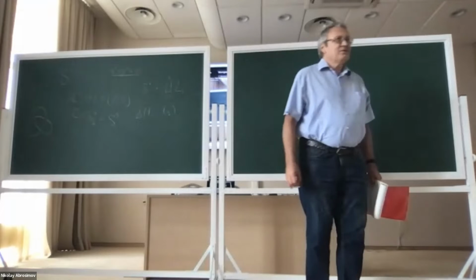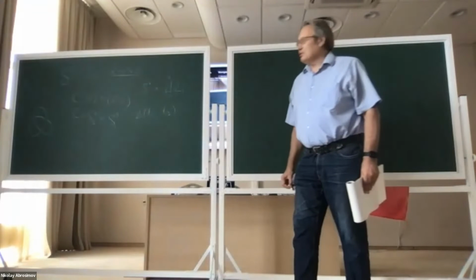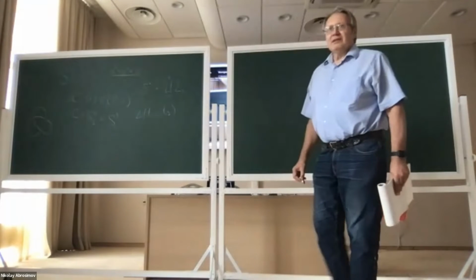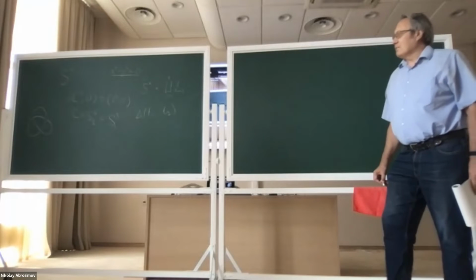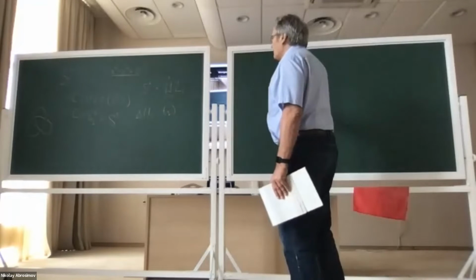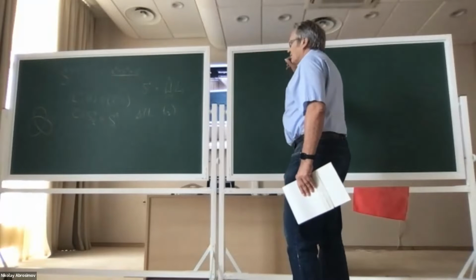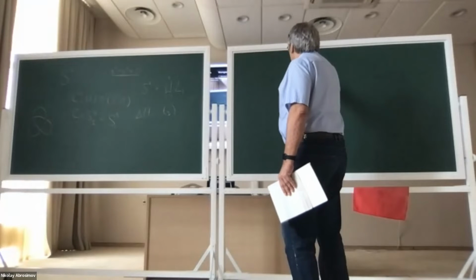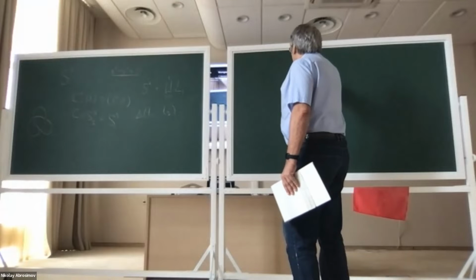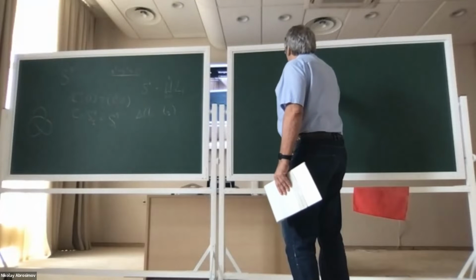So the rational homology sphere is good in the following sense: suppose you consider a homology sphere. I didn't think how to denote it. Well, let it be K.